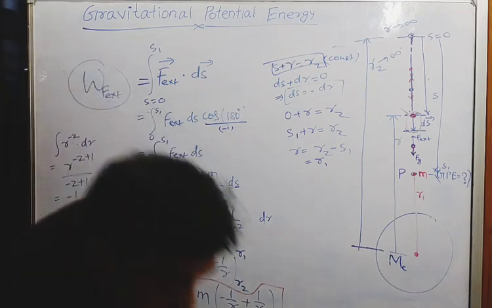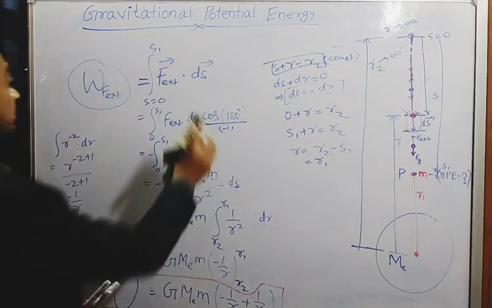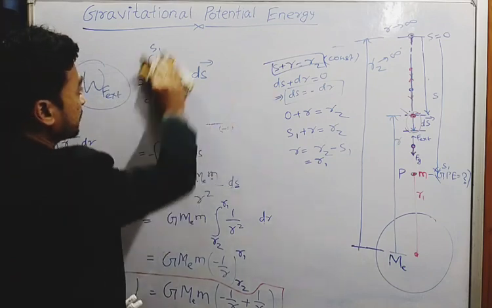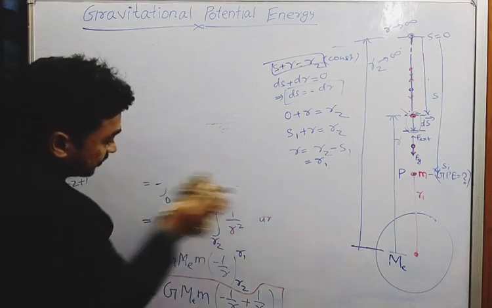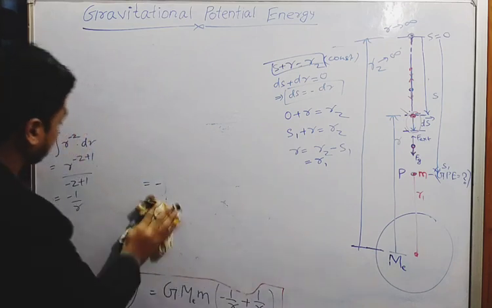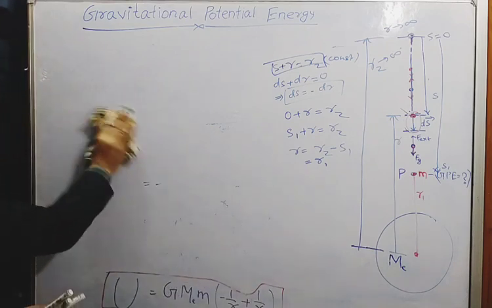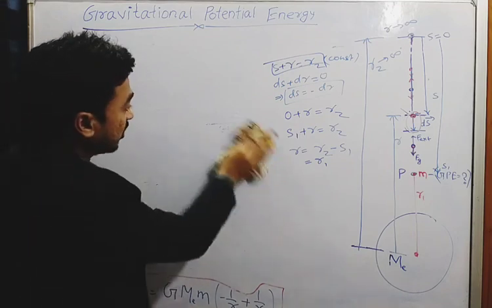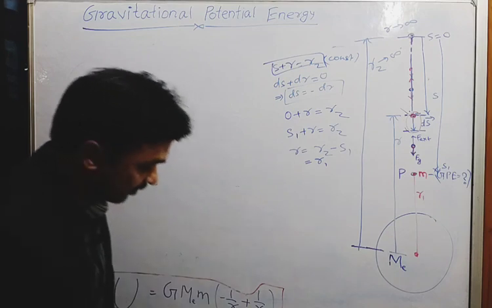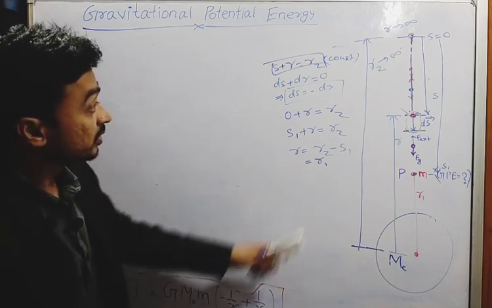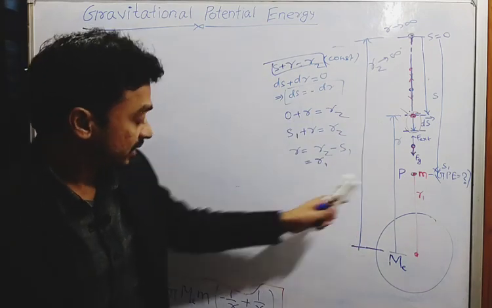Now follow the definition. In the definition, we are moving the object from infinity to R1. It was not from R2 to R1. So infinity to R1.